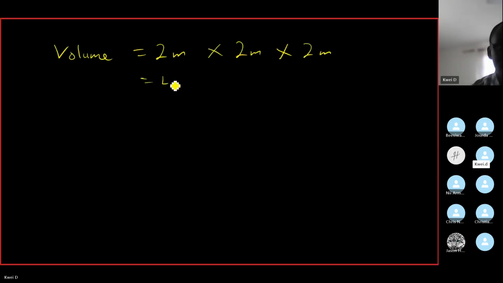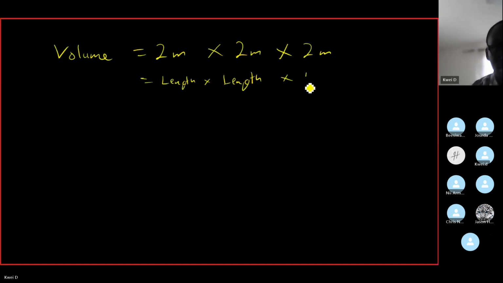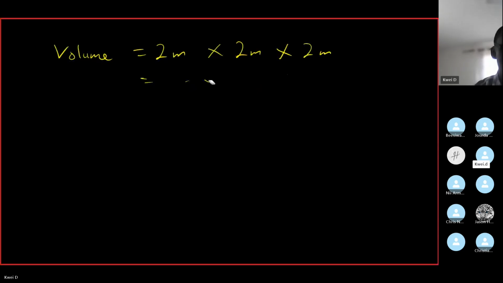You realize that this is length times length times length, right? So 2 times 2 times 2 will give us what? 2 times 2 is 4, times 2 gives us 8. And then you have m times m times m, that gives us m cubed. So you see that this is a fundamental unit.